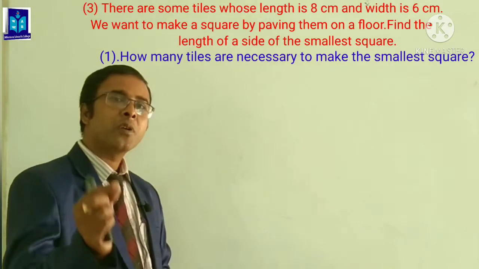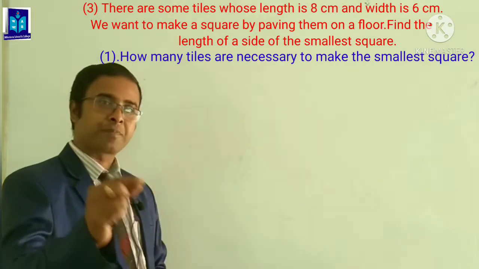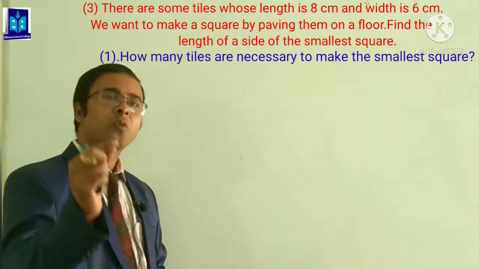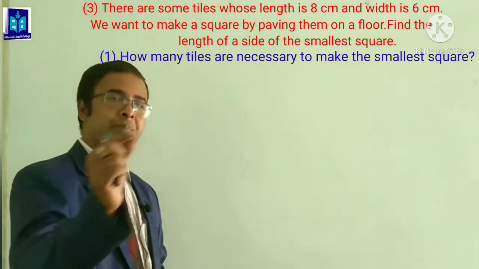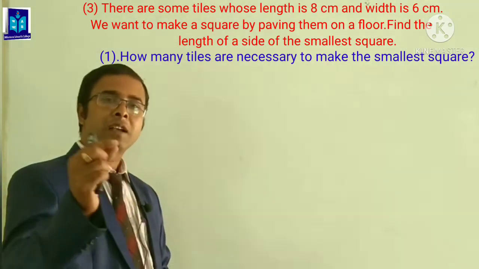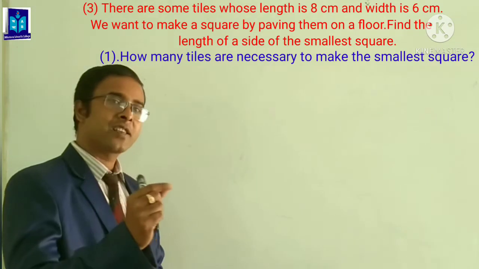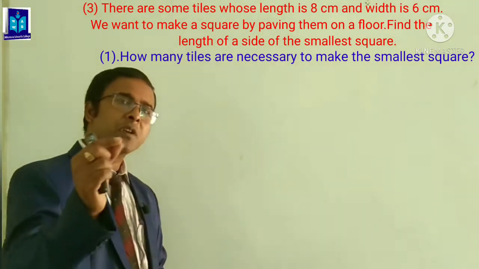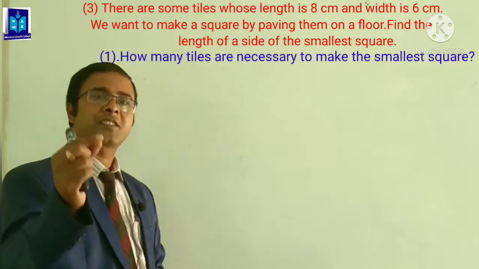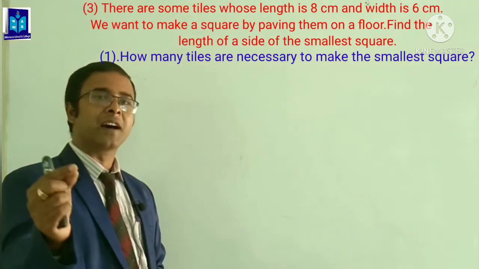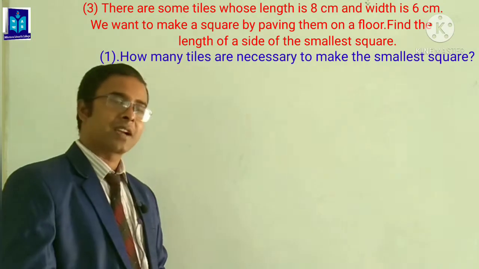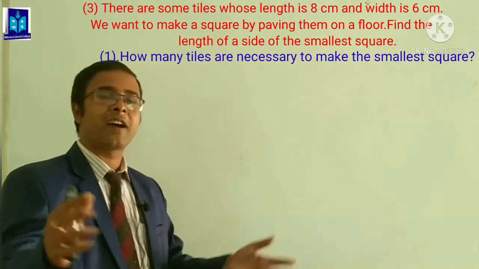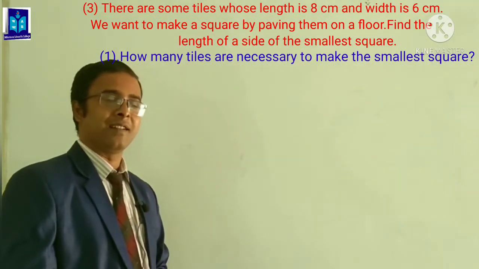Students, if we want to find number of tiles, at first we have to find area of tiles, then area of the smallest square. After then, if we divide area of the smallest square by the area of tiles, easily we can find number of tiles.